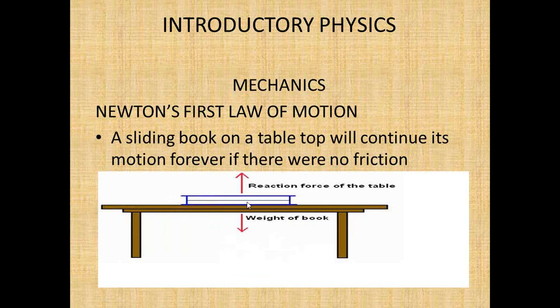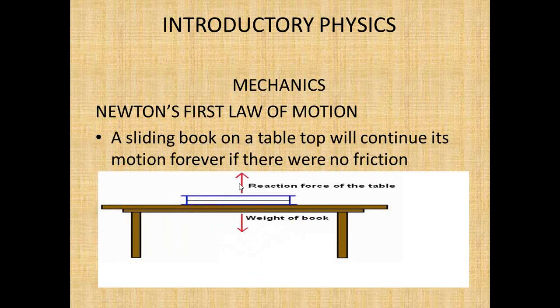Remember Newton's second law, even though we're not there yet: force is equal to the mass times the acceleration. So the weight of this book, which is the force pulling it downward, is equal to the mass of the book times the acceleration of gravity.